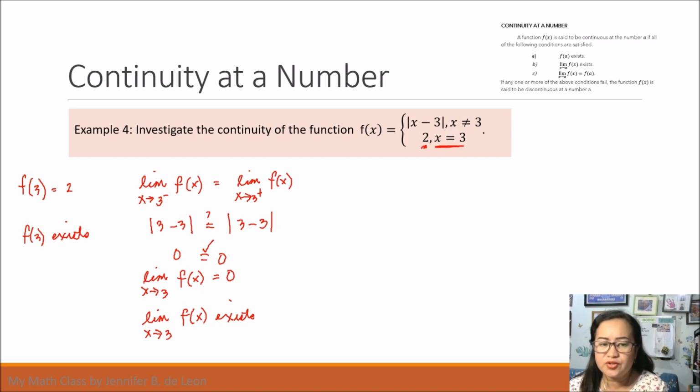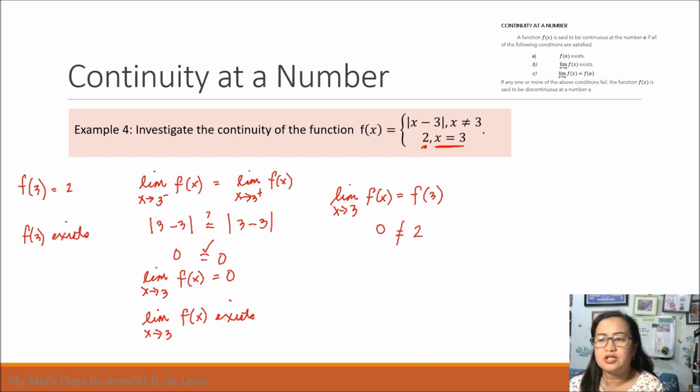So what about the third condition? We show that the limit of f of x as x approaches 3 is equal to f of 3. Now we got the value of the limit of f of x as x approaches 3. We have 0. However, f of 3 is equal to 2.